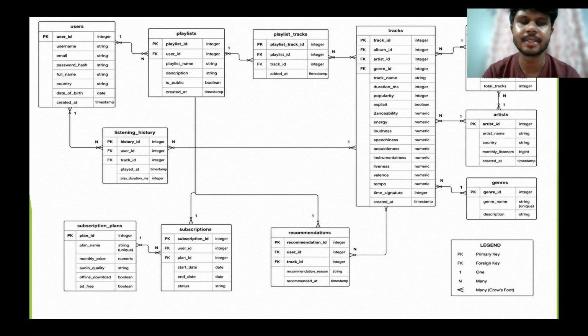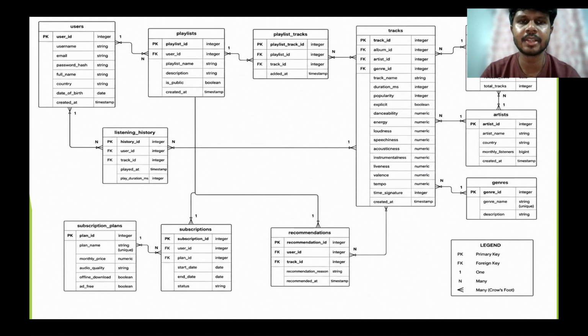And the second relationship is between playlist and playlist tracks, as one playlist can contain many songs, so one playlist is connected to many records in the playlist tracks table.